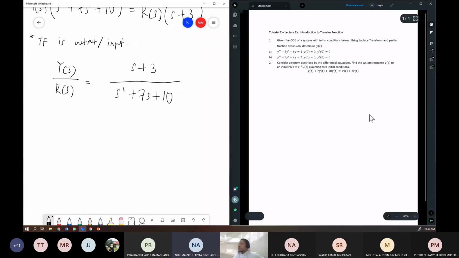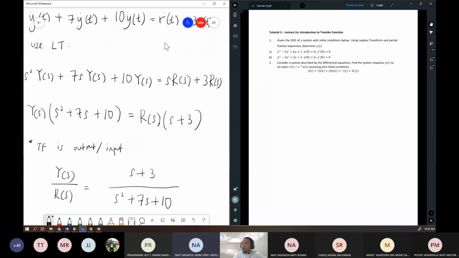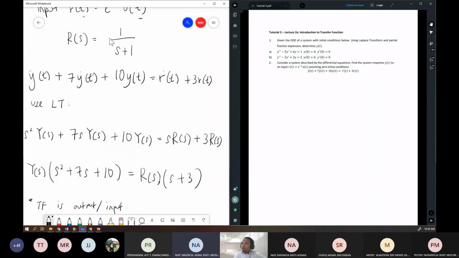So the question asks you to find y(t). So we have Y(s) and R(s) here. R(s) you have from the one given in the question, so you can substitute this into the transfer function.